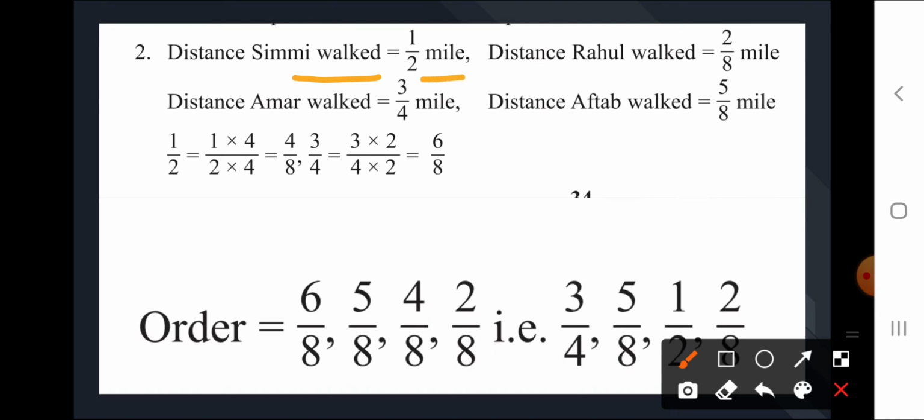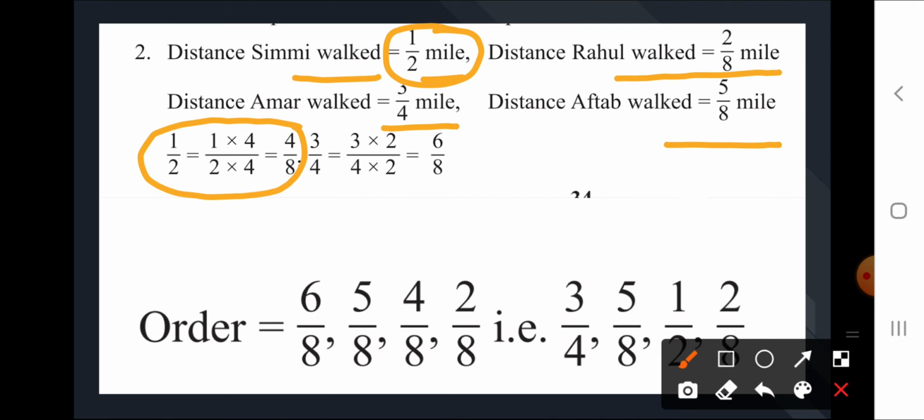Then the distance walked by Rahul, that is 2/8 mile. Then the distance Amar walked, that is 3/4 mile. And the distance covered by Aftab is 5/8 mile. Now as we discussed, we will convert them to like fractions. Here we have converted this 1/2 to a like fraction, so we will get 4/8. You can see how we have converted.